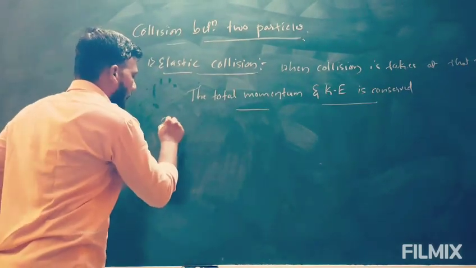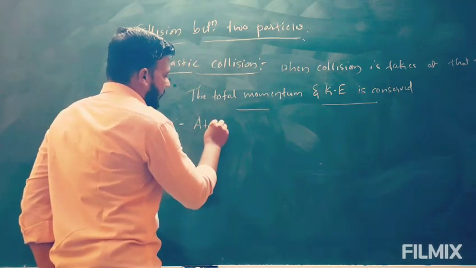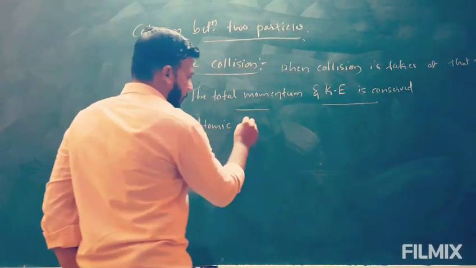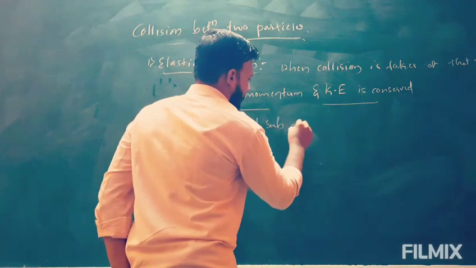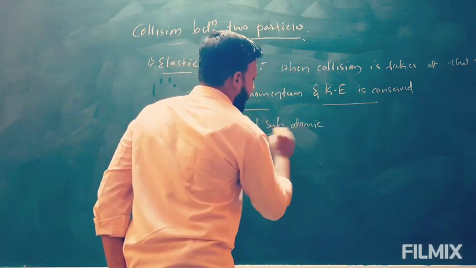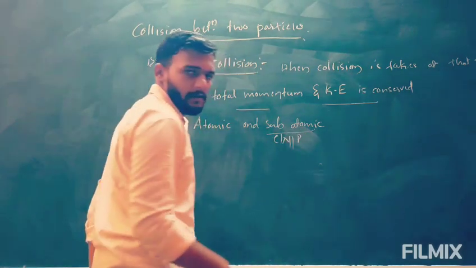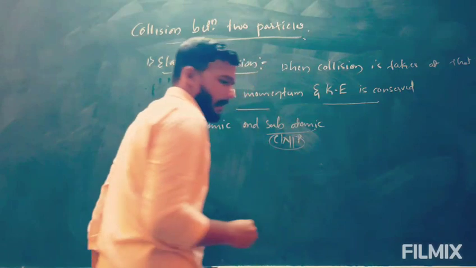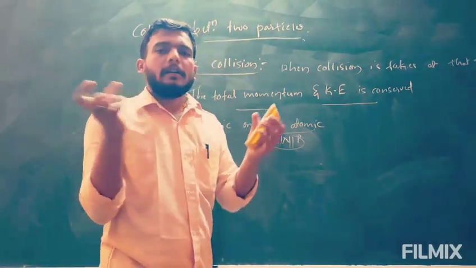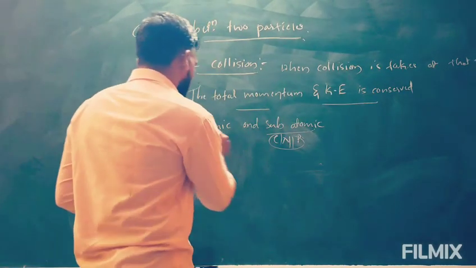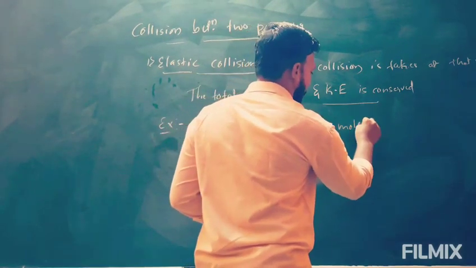For example, this collision generally takes place among atomic and subatomic particles. Here you take electrons, neutrons and protons; these are the subatomic particles, meaning interactions between protons, electrons, neutrons and atoms. It also takes place in molecules.